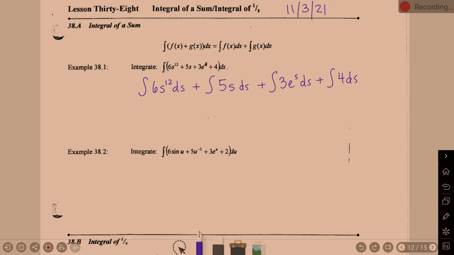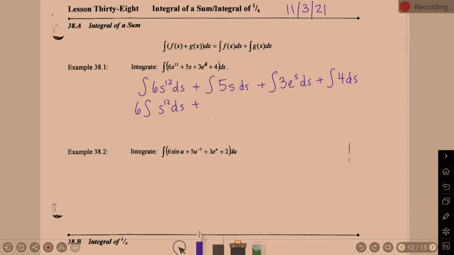Again, is that something we write out every time? We don't necessarily think through that. But, just so you can see the notation and everything, this can also be written as 6 integral of s to the 12th ds. So really, all you're going to be integrating there is s to the 12th.